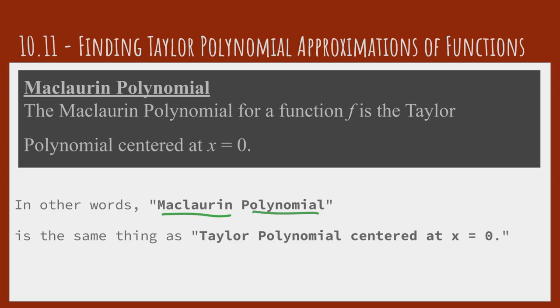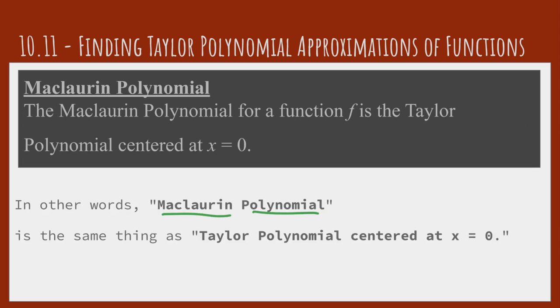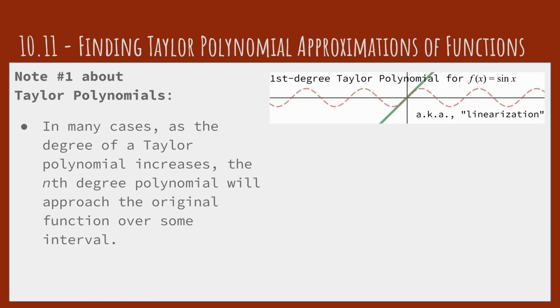So if you go back to this formula here, if a is 0, then we're evaluating derivatives at 0, and this just becomes x to the k instead of x minus a to the k. So Maclaurin polynomials are usually easier to work with, and we'll do those more often than not. But sometimes we do want to center it at other points, and you'll see in some of the examples why we might want to do that.